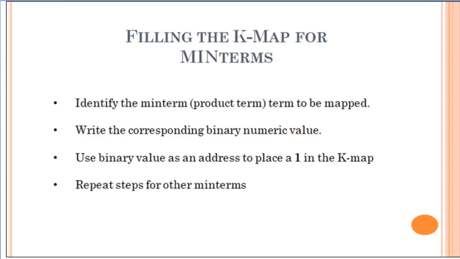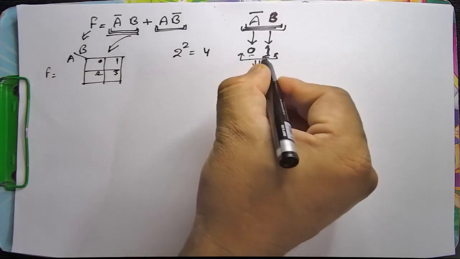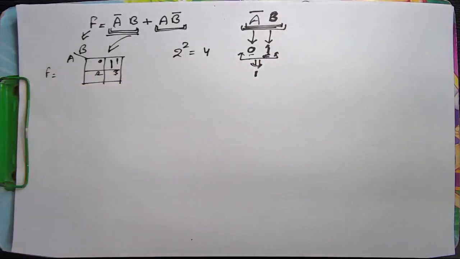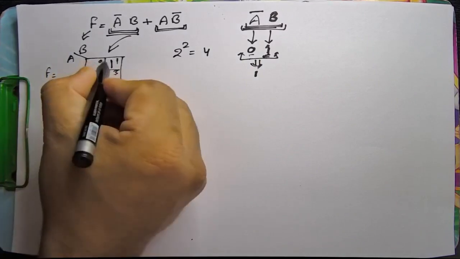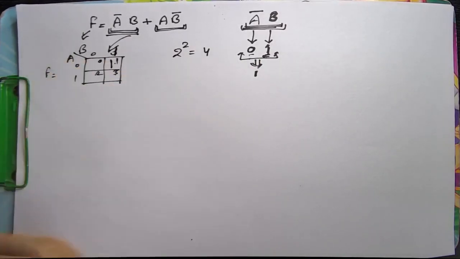Now the next point is to use the binary values as an address to place a 1 in the K-map. That means 0 1, that is 1, so we have to fill 1 in that particular 0 1 location.